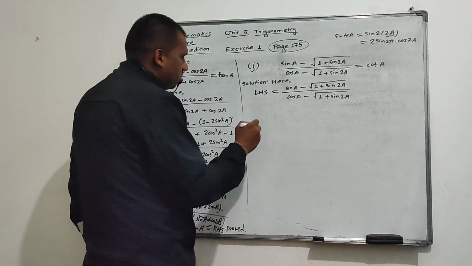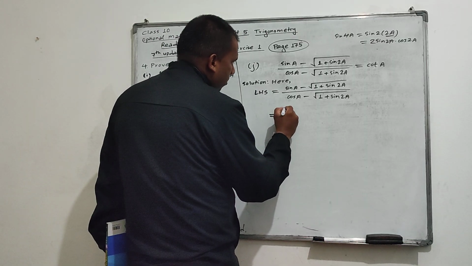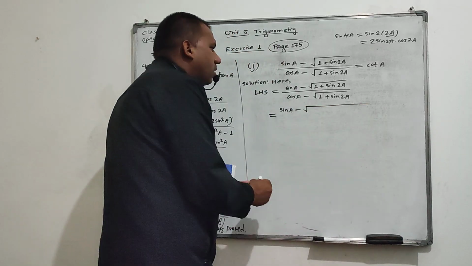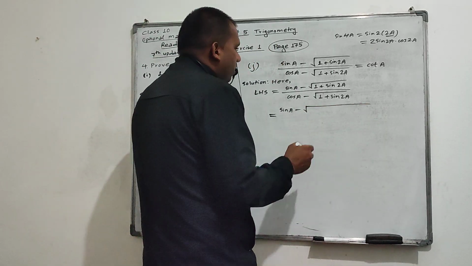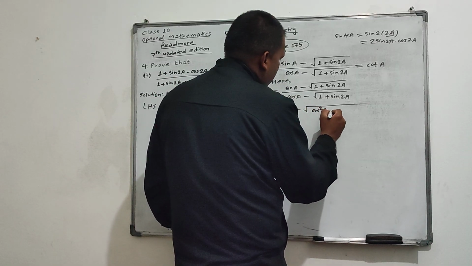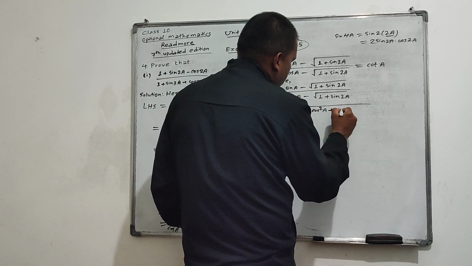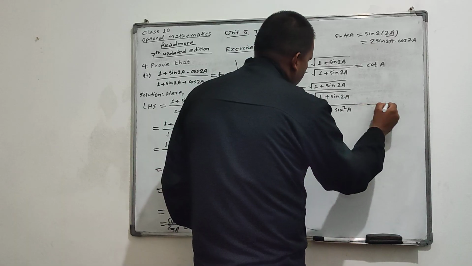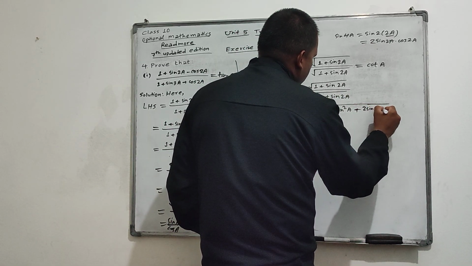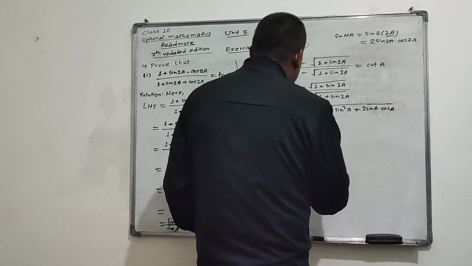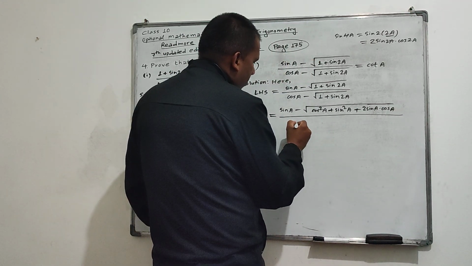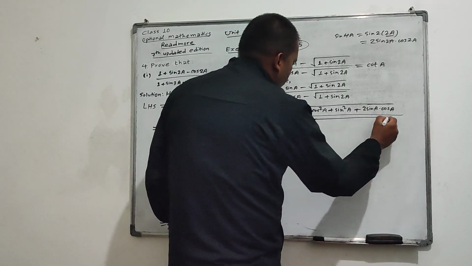Now this equal to sine a minus root over 1. Instead of 1 we can put cos square a plus sine square a, plus sine 2a, that is 2 sine a cos a, all upon cos a minus root over 1.